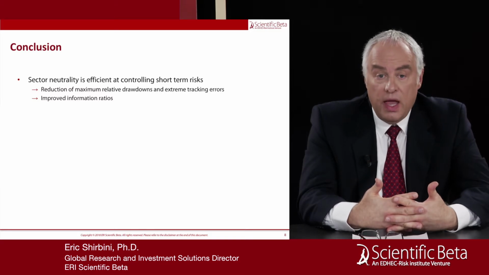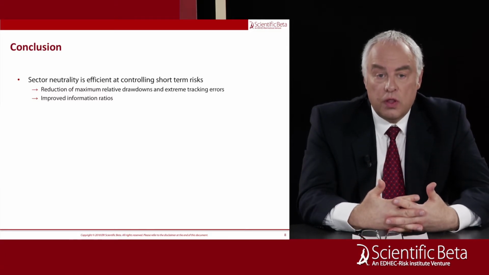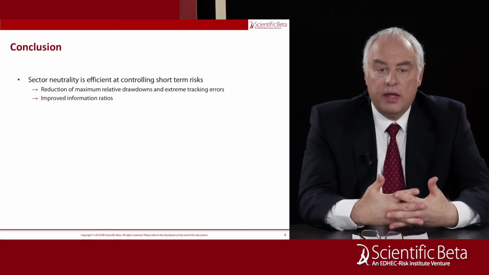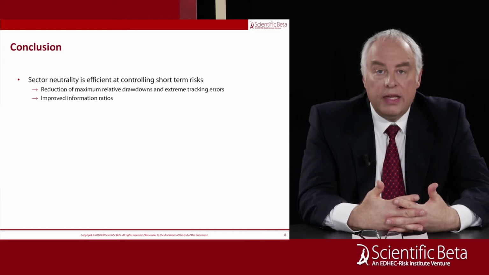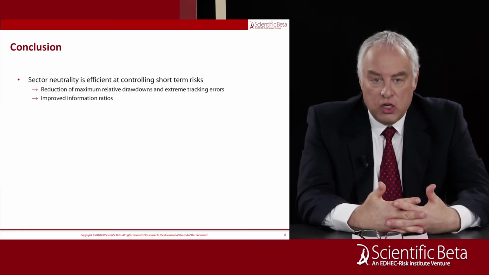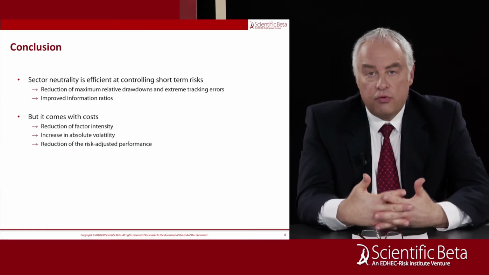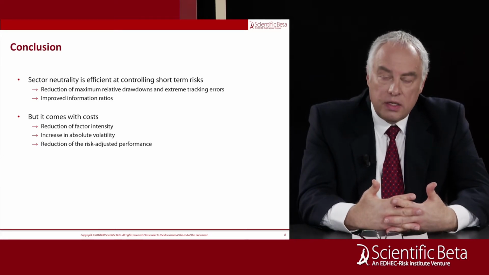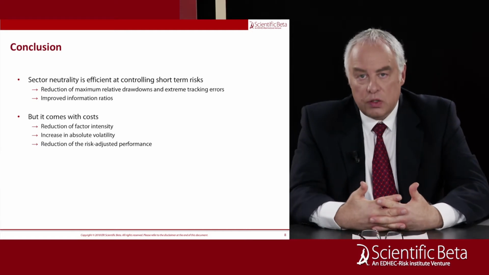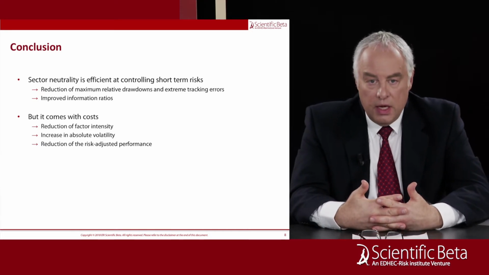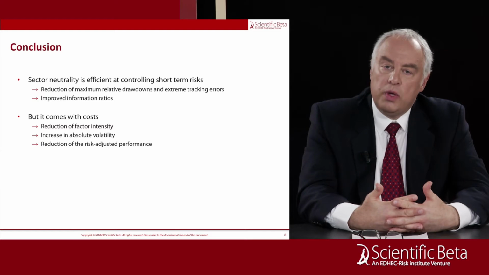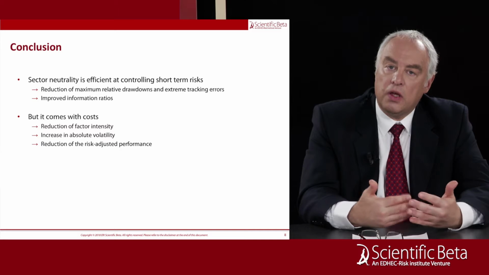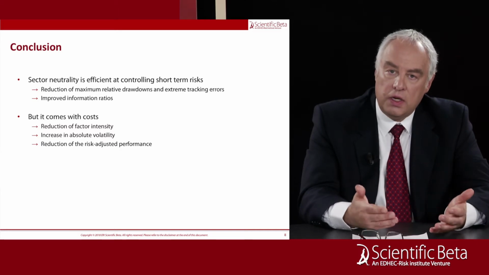Sector neutrality helps you to reduce the relative drawdown, helps you to reduce tracking error and extreme tracking error, leading to improved information ratios. But this improvement comes with a cost. Applying sector neutrality leads to a reduction in factor intensity, and this reduction leads to a reduction in long-term risk-adjusted return and a slight increase in volatility.